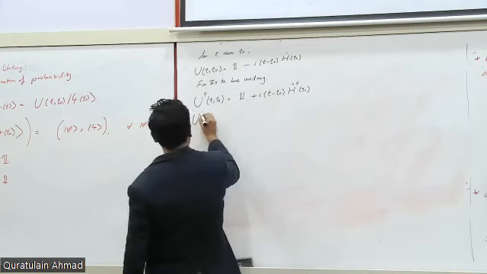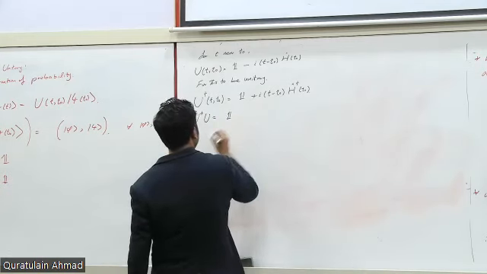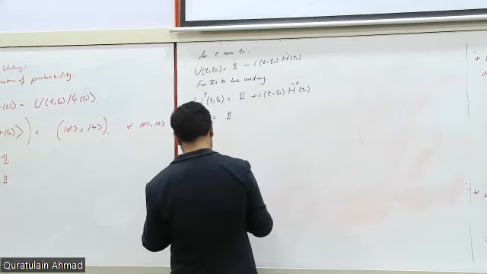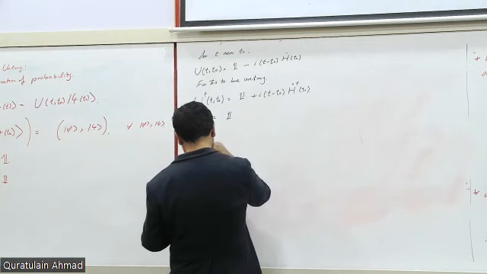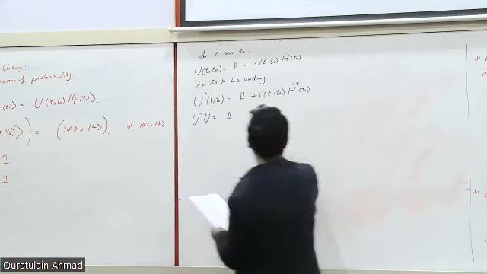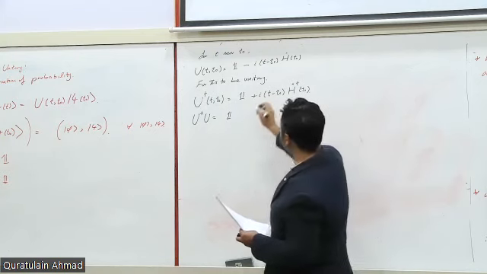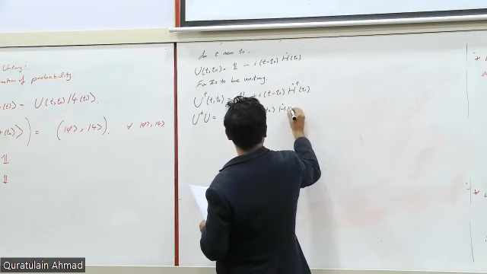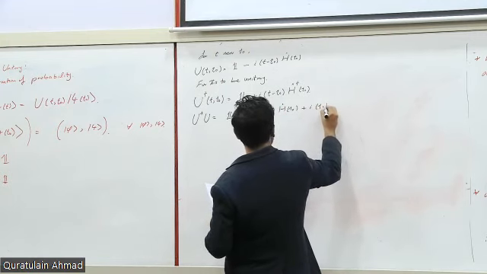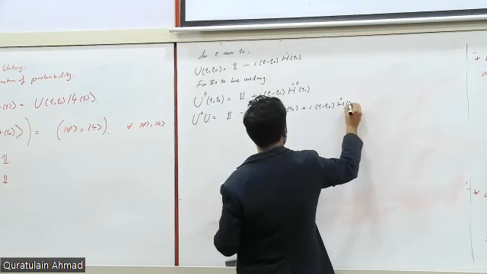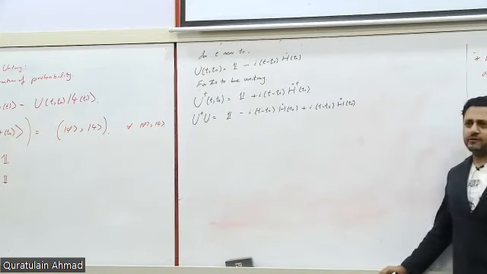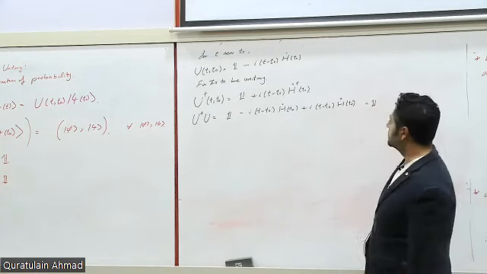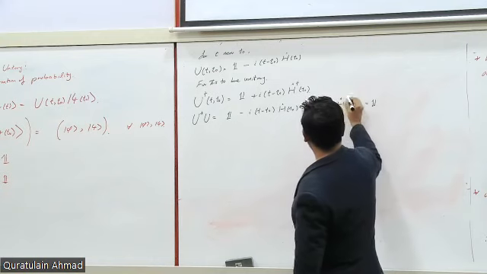So if I do this u dagger u, I get 1 minus, so to this order, for this to be equal to 1, this was dagger.